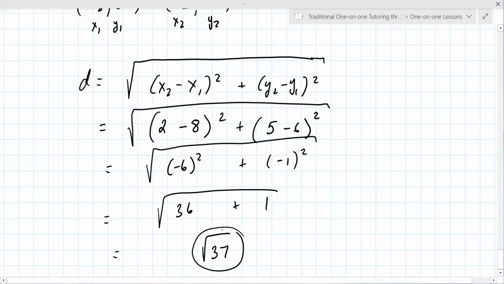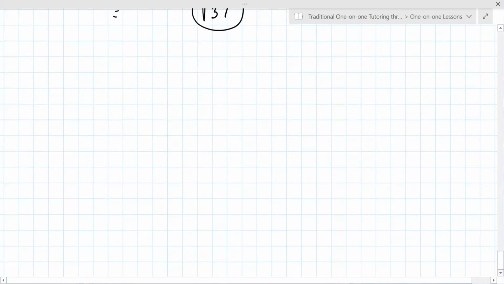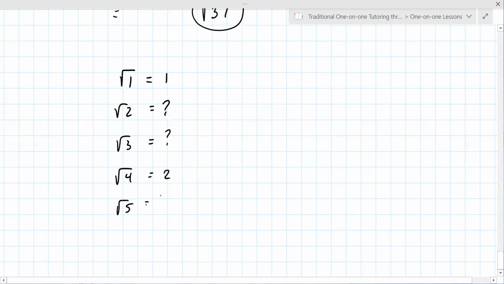So there's a square root of every number. Well, some of them we know, and let's just go through this real quick. Square root of 1 is 1. The square root of 2 we don't know, and the square root of 3 we don't know, but we know the square root of 4 is 2. The square root of 5 we don't know.